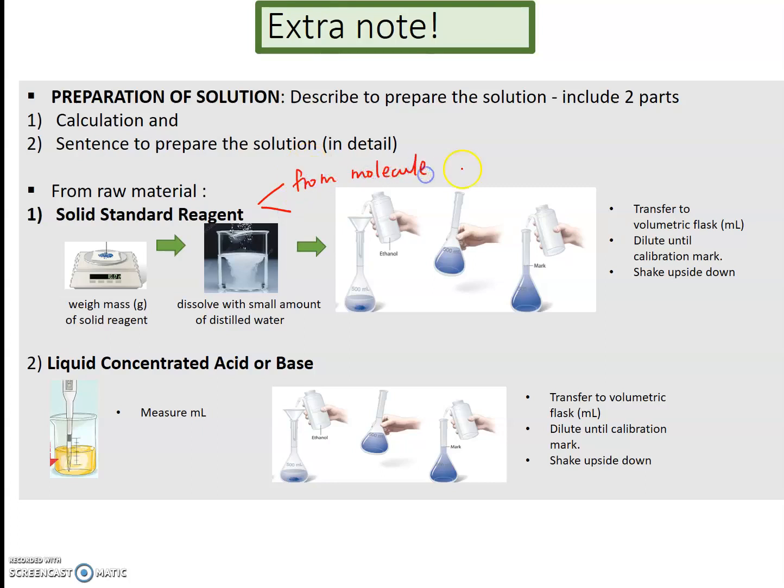Like the silver nitrate example just now. The other one is solid standard reagent, given ion. Given concentration of ion. But later on, you have to find gram of molecule also, because what we weigh is the complete molecule, not existing as ion.